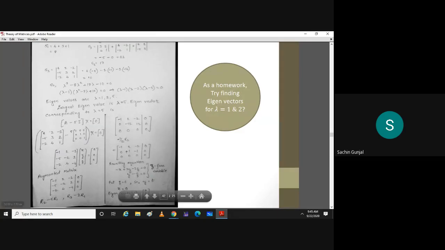Then -2 4, and 1 minus 5 is minus 4, times x1 x2 x3, or you can write x y z, equal to 0 0 0.